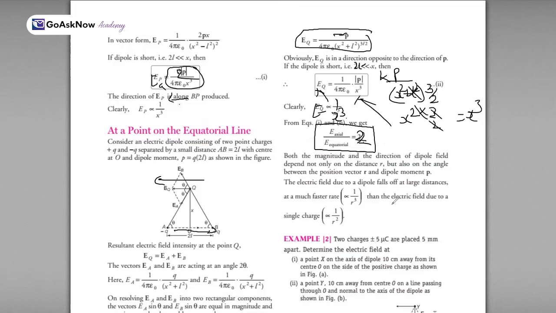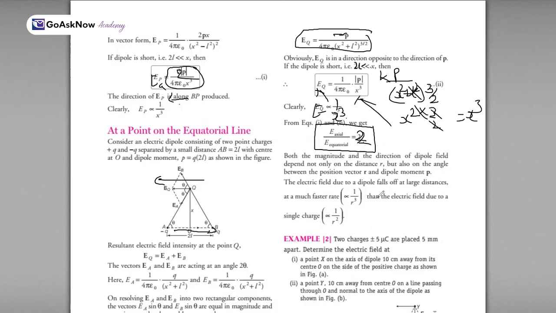Both the magnitude and direction of the electric field depend not only on the distance r but also on the angle between the position vector and the dipole moment. So it will also depend on the position and the angle between the points where you have to calculate the electric field. We will see the general form also.